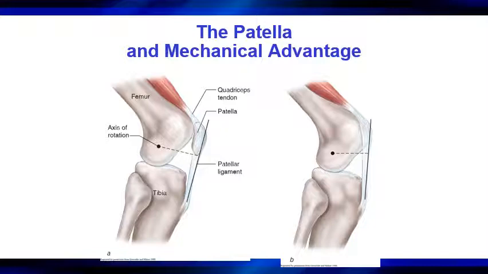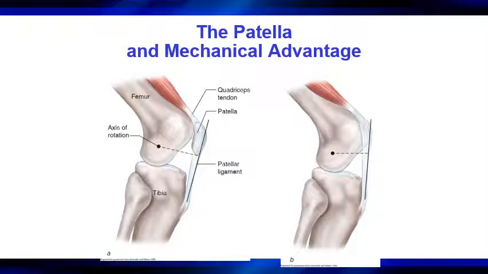So our patella, or, as the layman term would be, kneecap, is actually more than just a little bone that sits in front of your knee. What it actually does is provide a mechanical advantage to the quadriceps muscle.